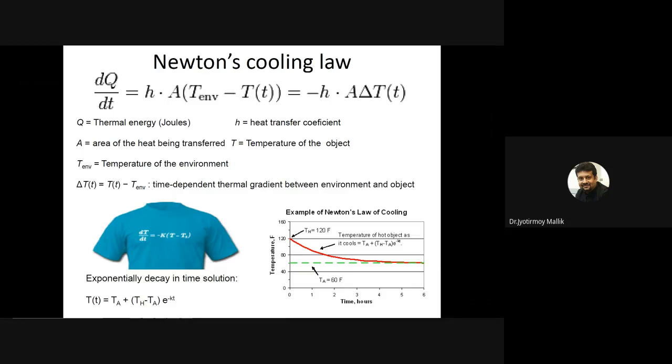Then there should be a constant, and that constant is called heat transfer coefficient. Of course, that depends on the medium itself.